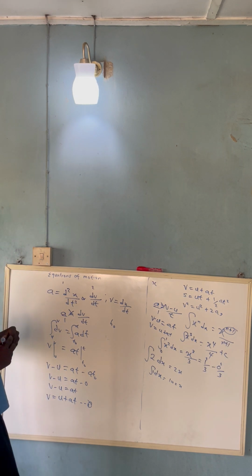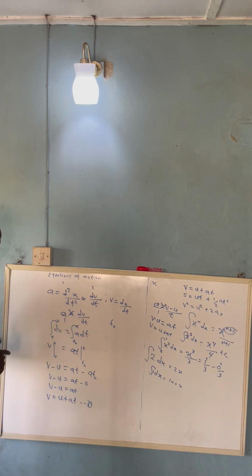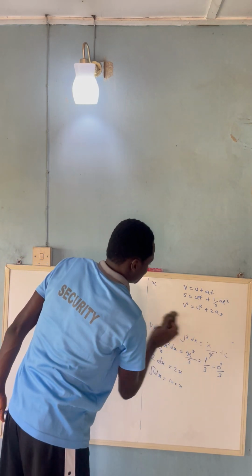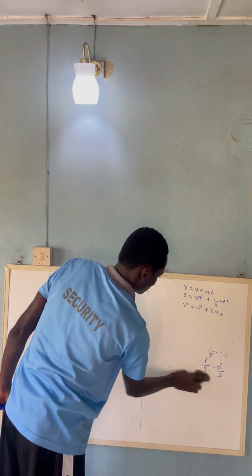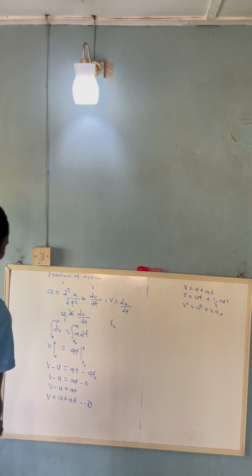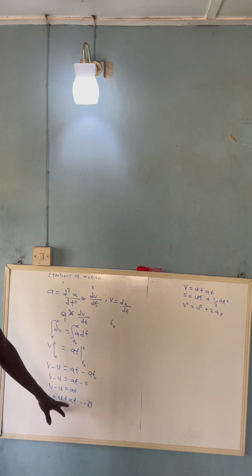Let's now derive the second equation of motion. So let's see what we are going to do. We have the first equation of motion, v equals u plus at.